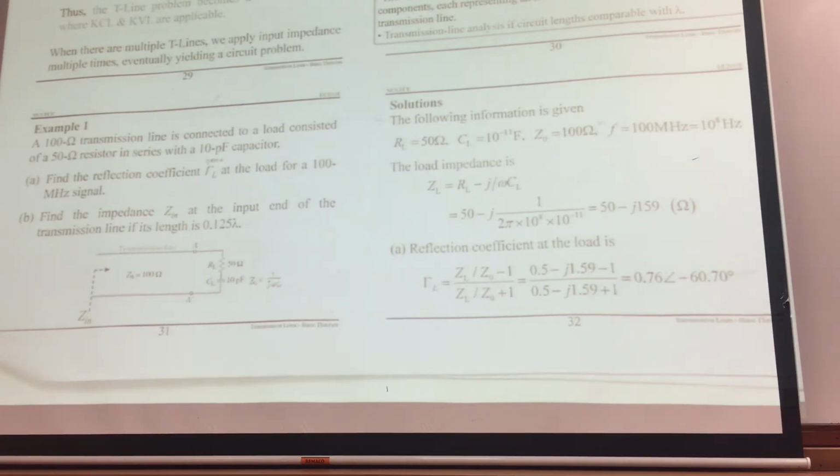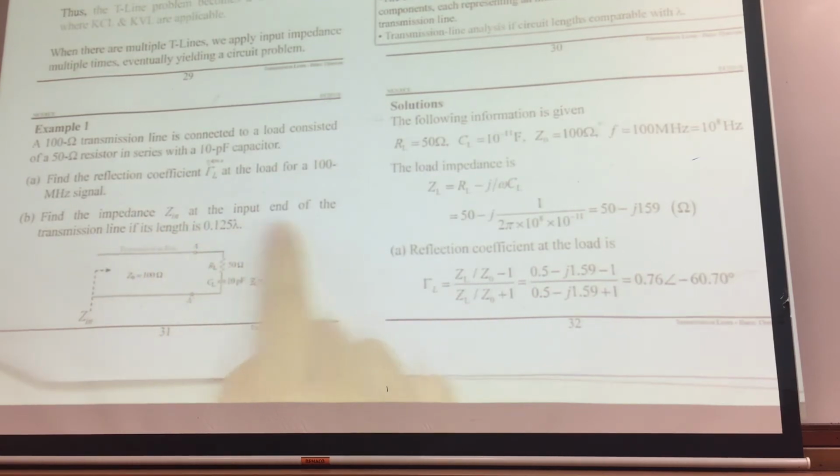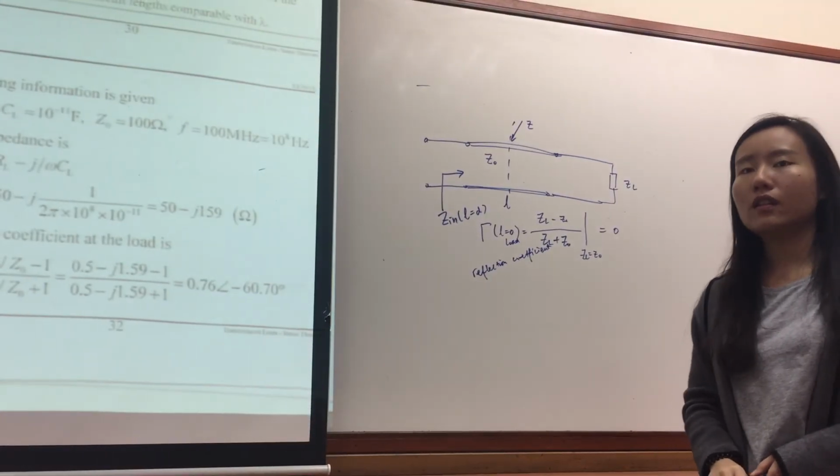So the second one is to find the impedance Z in at the input end of the transmission line, if the length is given. So what is Z in? Z in is the impedance at the input port, so l equals d.